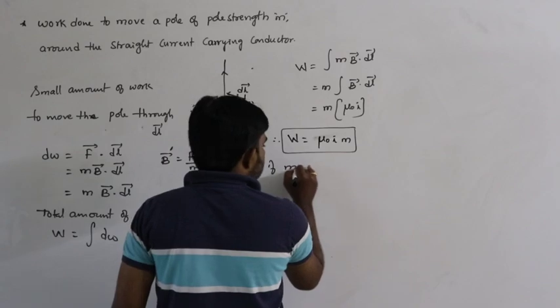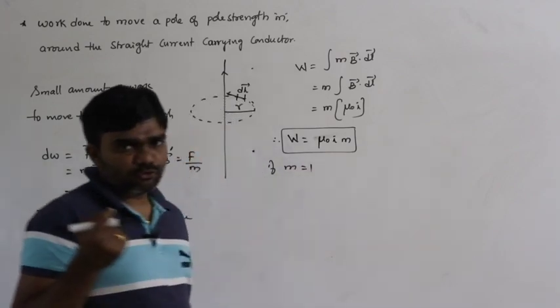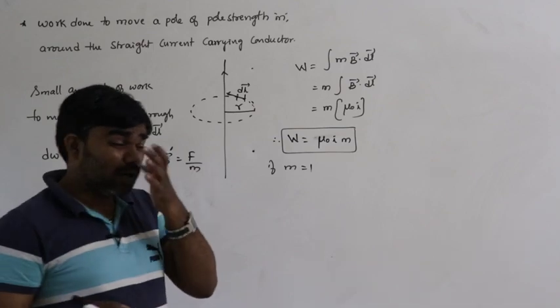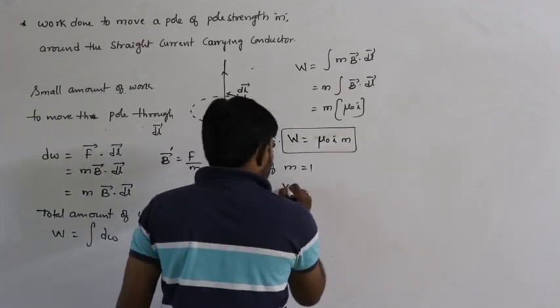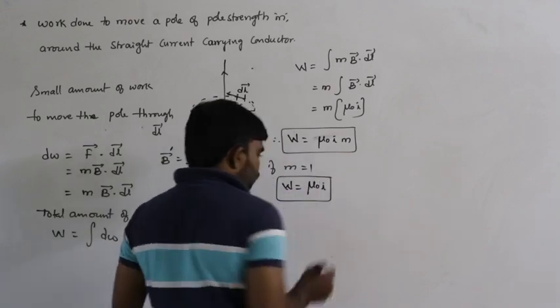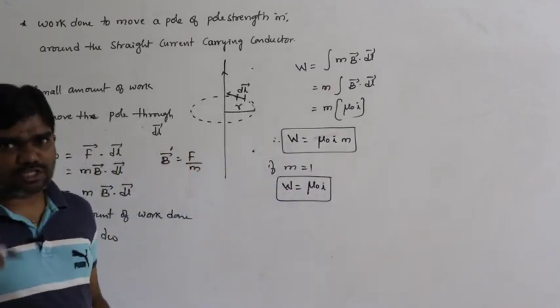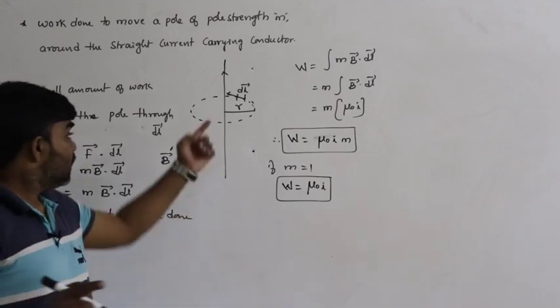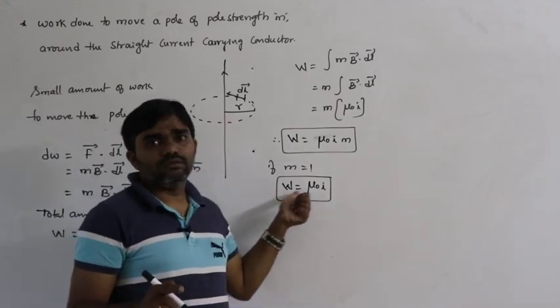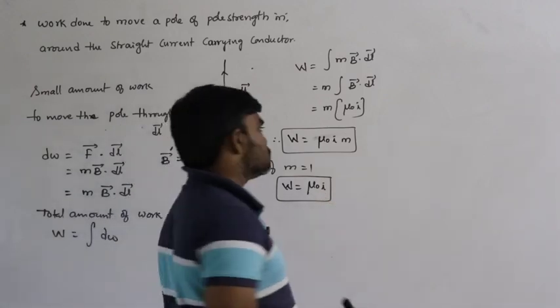Here if m is equal to 1, that means if the pole strength is 1 ampere meter, then W is equal to mu naught I. If you want to move the pole of pole strength 1 ampere meter around the straight current carrying conductor, what is the work done required? Mu naught I.